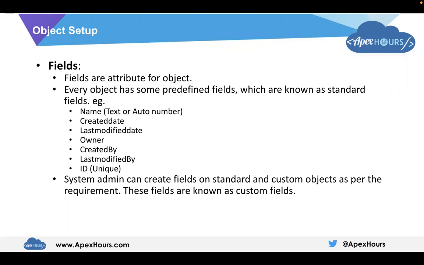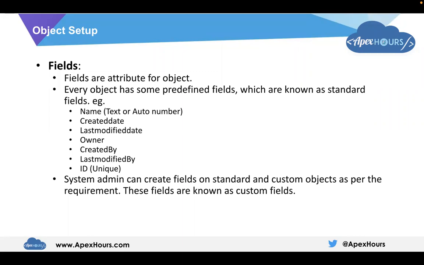If you notice, in employee, we created name as a text field. In skills, also we created it as a text field, but in employee skills, we created it as an auto number. Some other fields are created date, last modified date, owner, created by, last modified by, and the ID also. These are some fields which are predefined and available.